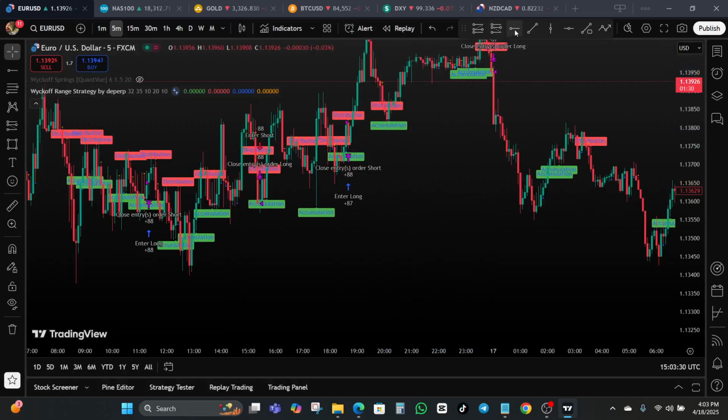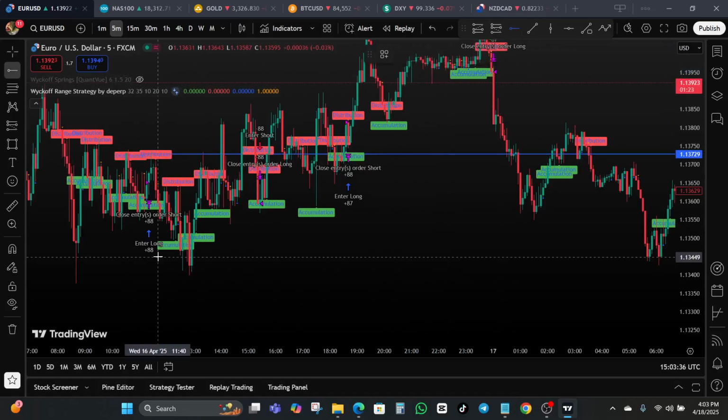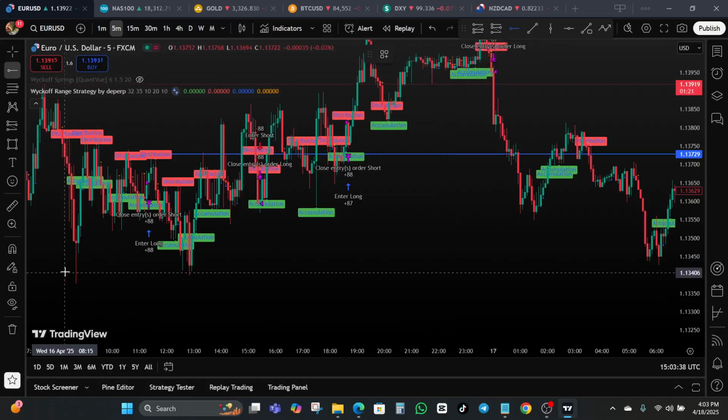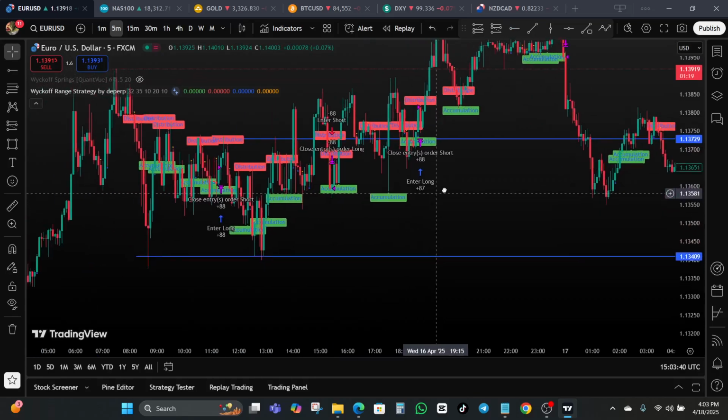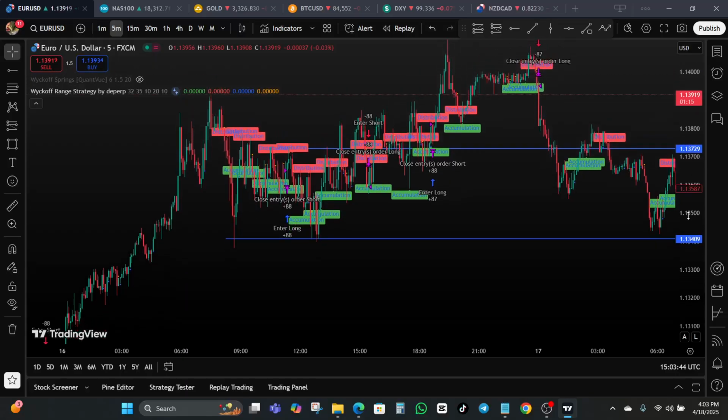Okay, you can also plot horizontal support and resistance zones on the chart. I'm going to recommend plotting horizontal support and resistance zones on the chart so that you use that as confirmation when the indicator gives you signals. Meanwhile, when used correctly, this tool can give you a clear view of market structure, letting you position yourself with the trend instead of against it.